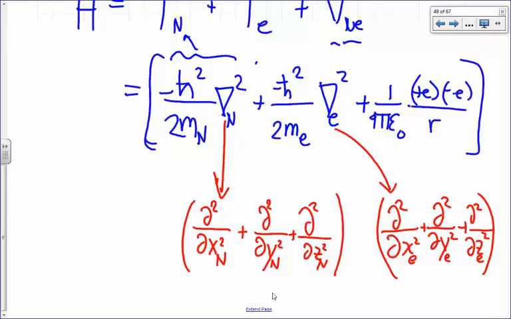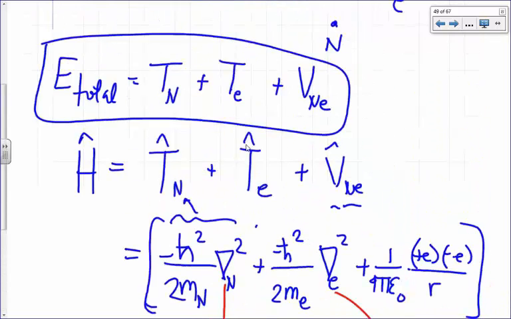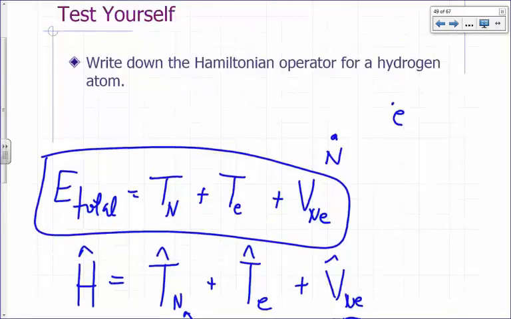Okay? So that is your expression for the Hamiltonian for the hydrogen. And R is, of course, just the distance between the nucleus and the electron.